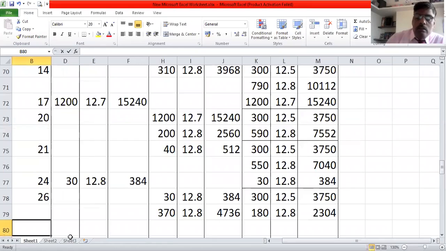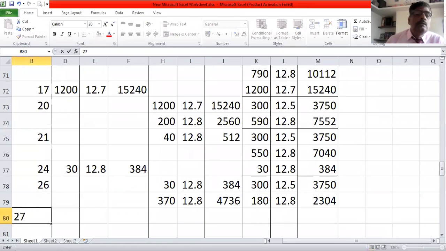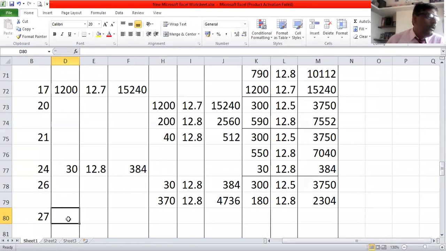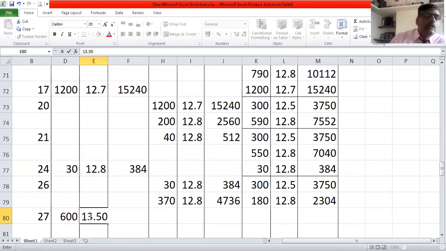27 you write the date in the date column. Purchase quantity is 600. Rate is 13.50.